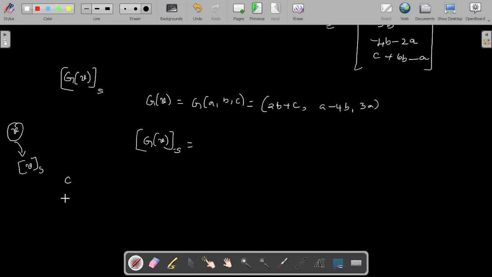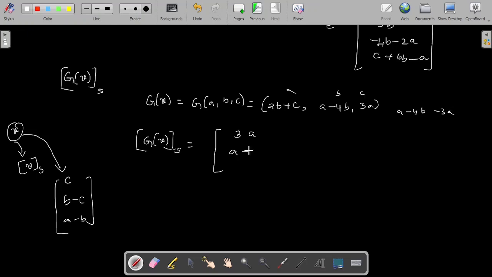So what is the coordinate vector? We got it as B minus C, A minus B. This was the coordinate vector of any vector with respect to the basis. So apply here: this is A, this is B, this is C. So you will get 3A, then B minus C, A minus 4B minus 3 into A, then A minus B, 2B plus C minus A plus 4B.